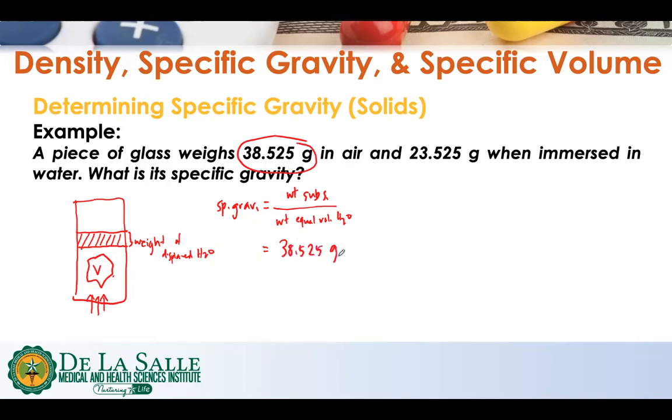We know the weight of the substance in air, and that is 38.525 grams. The weight of the equal volume of water is the apparent loss in weight of the glass, and that is equal to 38.525 grams minus 23.525 grams. The denominator is actually equal to 15 grams. That's the weight of the displaced water.